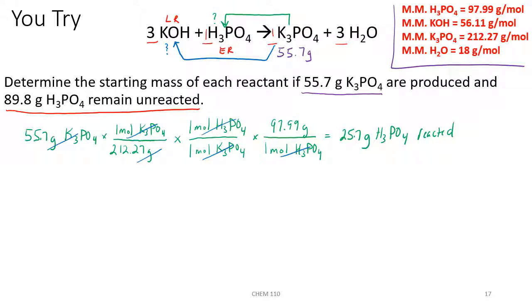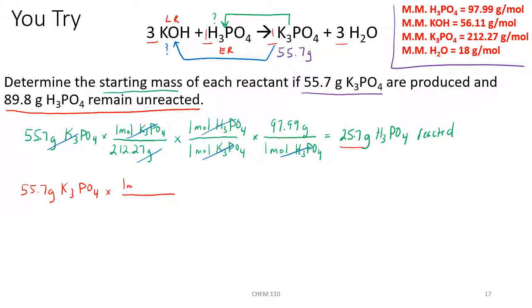That's not necessarily our answer because the question asked us to determine the starting masses, but we'll make note of that for now. Going back to our other reactant, the potassium hydroxide, we could either start with our 25.7 grams of phosphoric acid, or we can start with our mass of potassium phosphate. Just to stay consistent, let's start with our 55.7 grams of K3PO4.